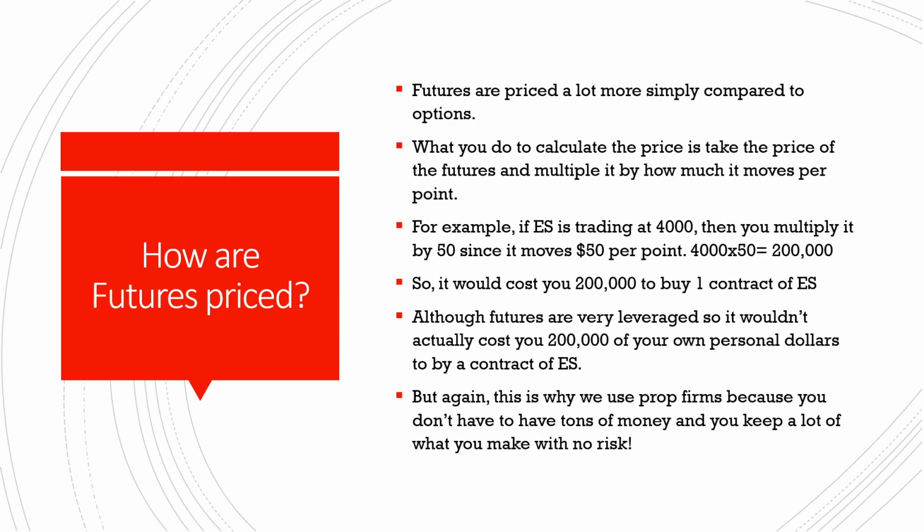But this is why we use prop firms also, because you still need a decent amount of capital if you want to trade futures with your own money. So although futures are leveraged, it wouldn't actually cost you the full 200,000. Let's pull up something here.